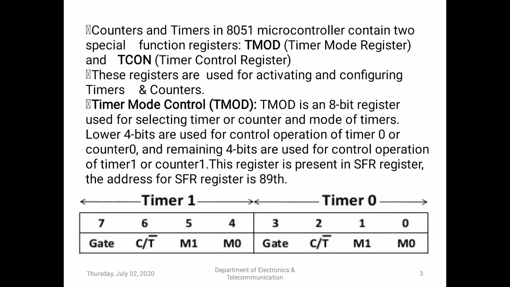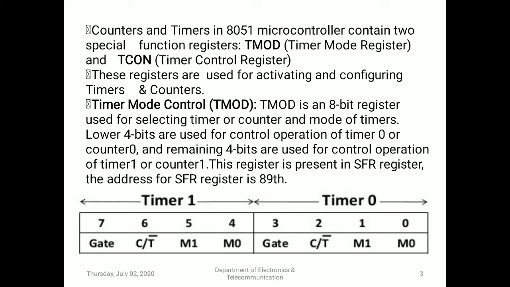In counter mode, we are dealing with external clock pulses. When we apply external clock pulses to the microcontroller's pin, we use the pulses or clock rate generated by the external clock source, and according to that we are counting the events.